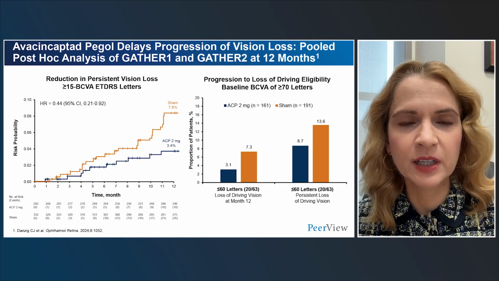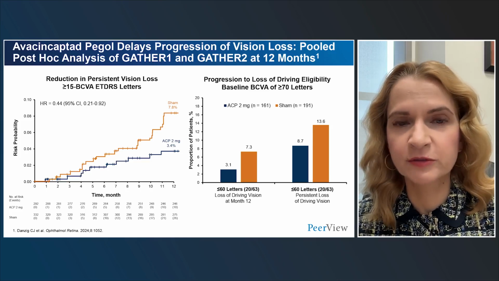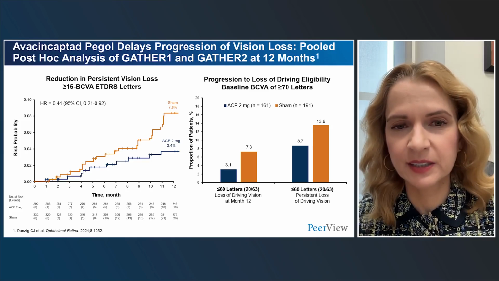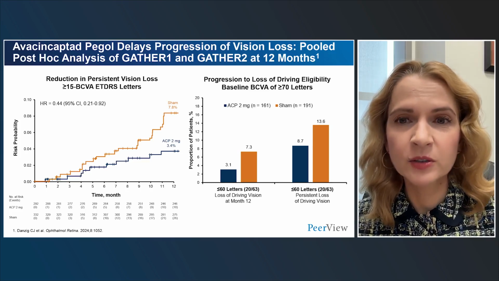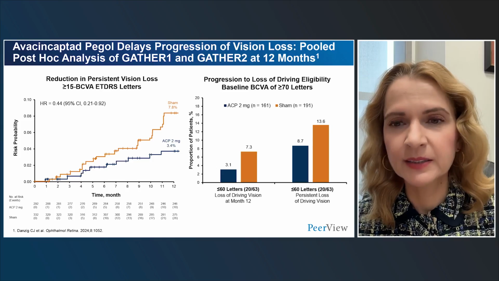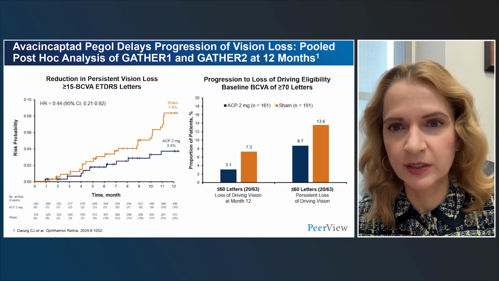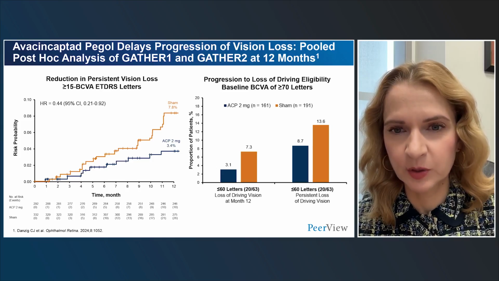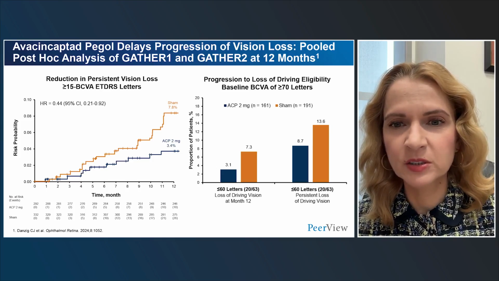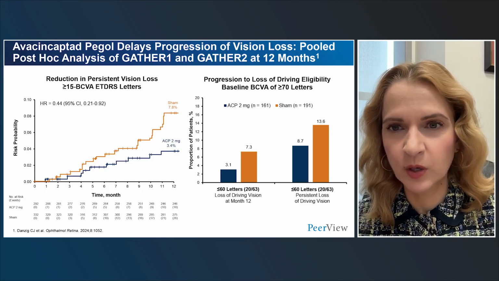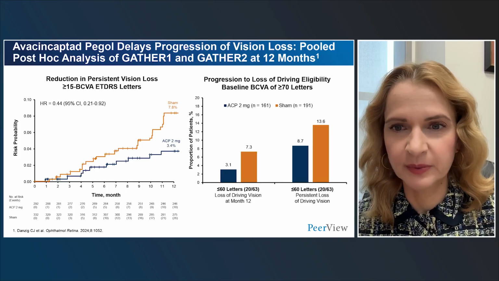There was a reduction in persistent vision loss over 15 letters, and this is clinically meaningful. And there was also a progression to loss of driving ability that was avoided by the drug given at the 2 milligram dose. So fewer patients lost driving vision in month 12 than the sham participants.